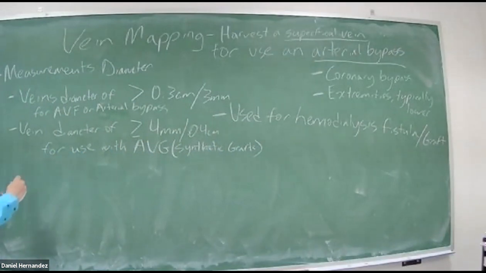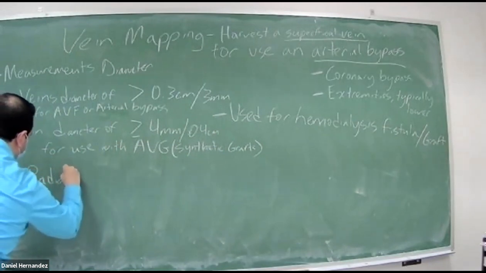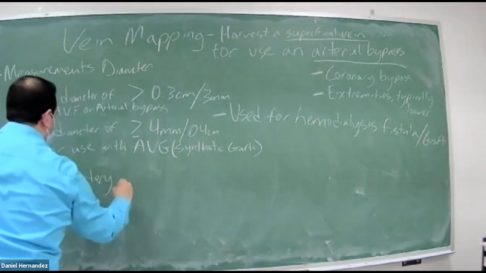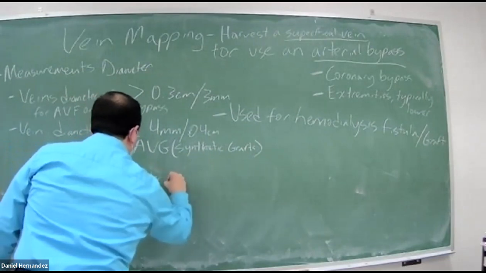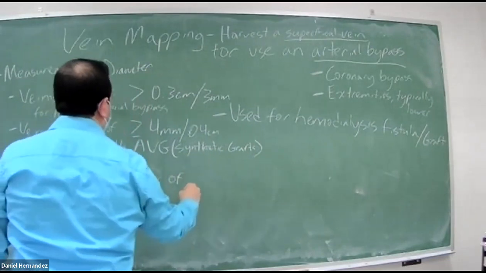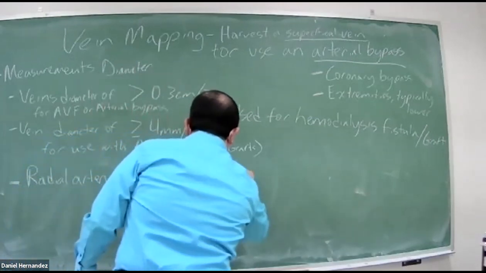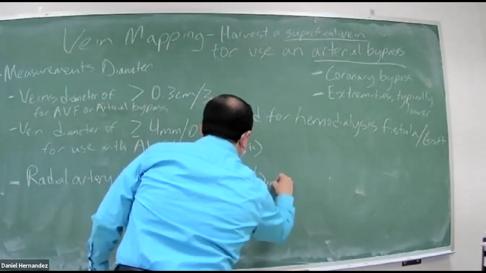And then if we're doing the Allen's test and we're looking at the radial artery, we also need a radial artery diameter of greater than 0.2 centimeters, 2 millimeters.